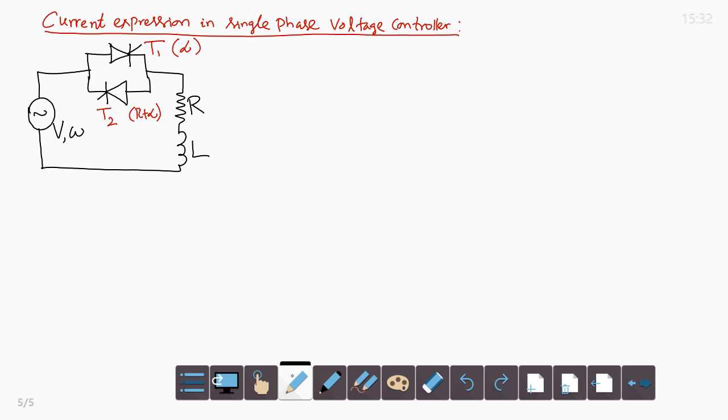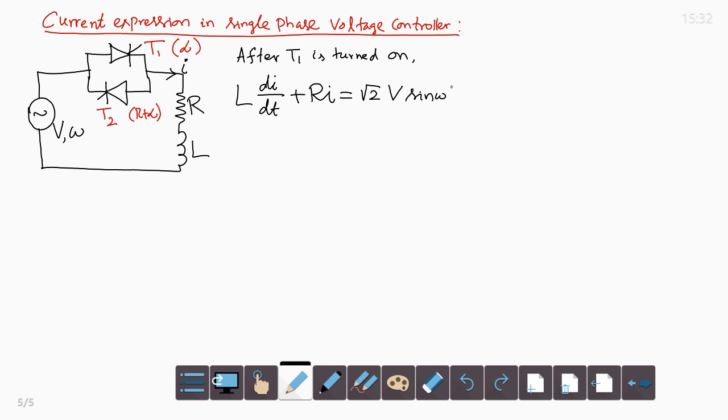So, we will apply the analysis. After T1 is turned on, the equation applicable to the circuit is L dI by dt plus R I equal to root 2 V sin omega t. This is the current I. We assume voltage starts from 0 at time t equal to 0.